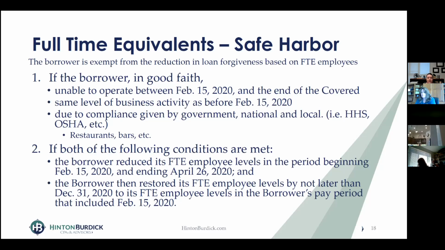So maybe you are a restaurant. Well, maybe you closed because you're not an essential business. When you reopened, you couldn't bring everybody back, but after school started, you brought everybody back. Or if by December this is all blown over and you restore everybody to their rightful position in December, you can still get 100% forgiveness.